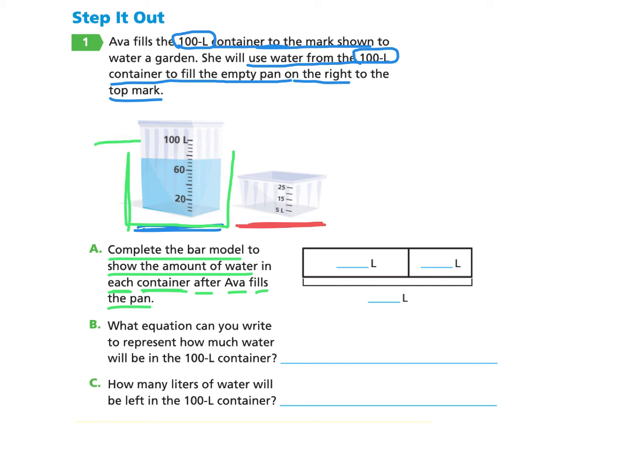We know that it's not 100 because 100 is up here and it is not filled to the top. When we look at the markings on here, we notice that the 20 is nice and big right here. And we notice there's also a 60 right here. So I'm going to look at that 20 and I'm going to look at the marks below that. There are 1, 2, 3 marks below that 20.